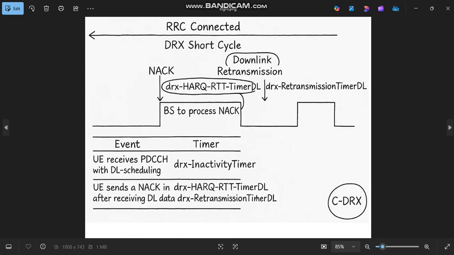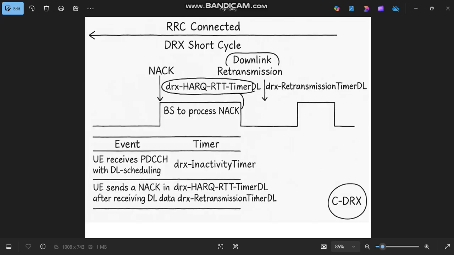Okay. So what if the PDCCH downlink data which we get from the base station is in error? At that time, sorry for the inconvenience, a NACK signal will go from the UE to the base station.